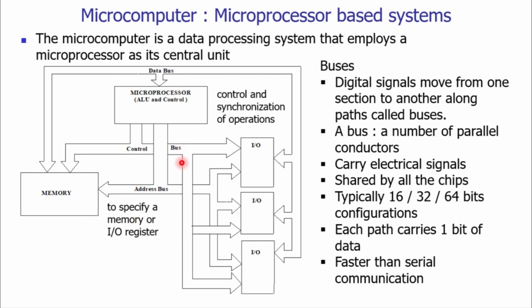These buses are carrying the digital signals from one section to another section. These are the paths through which we are communicating either the data related to the variable, the instructions for carrying out the controlling operation, or the address of the data.